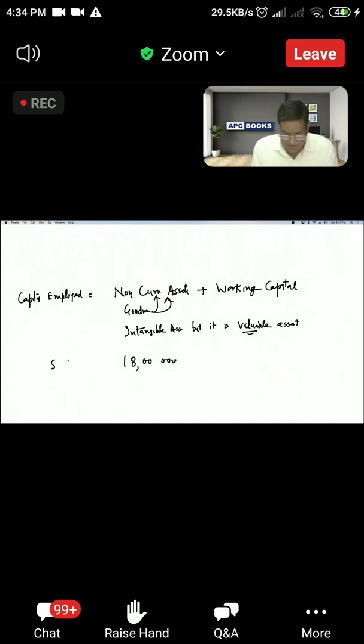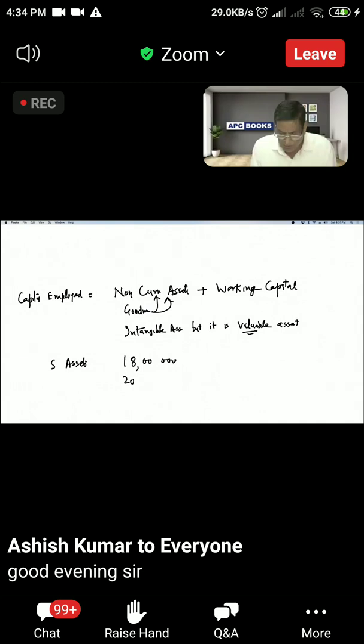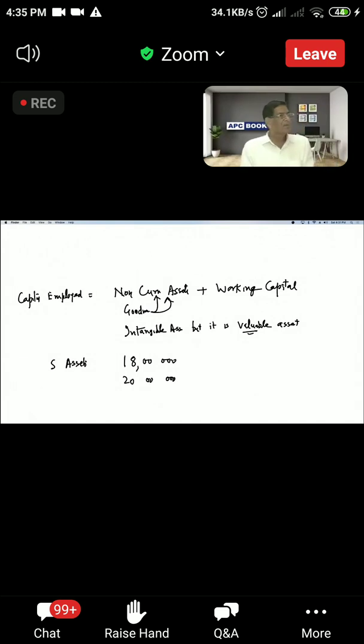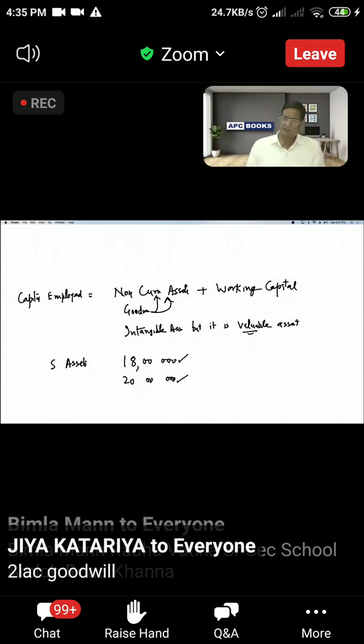We make payment of 20 lakh to purchase that business. A business consisting of assets of 18 lakh was purchased by us by making payment of rupees 20 lakh. Why do we pay 20 lakh? You know, the difference is goodwill.